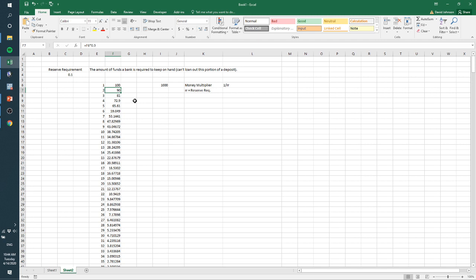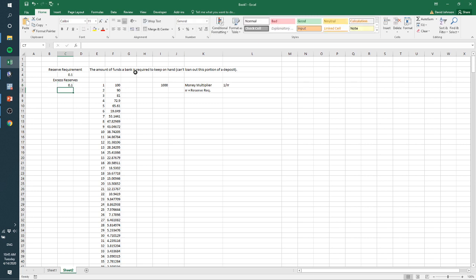So let's see what happens if we complicate this a little bit more and have a more realistic money multiplier. Let's imagine that the bank wants to keep some excess reserves, and they want to keep an additional, I don't know, an additional 10%.